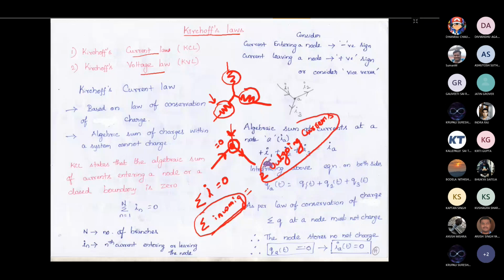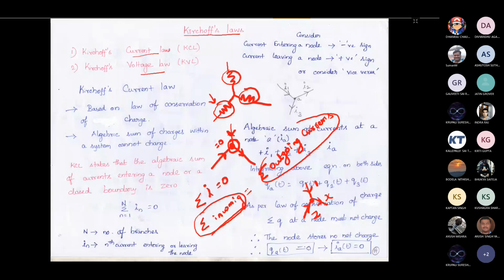Okay, so if you have a circuit, if you are having a node like this, and I say that 1 ampere is coming here and 2 ampere is coming here, and some current is going out of this, this is X. So two currents are coming in. Coming in means at this node, you are seeing two currents coming towards you.